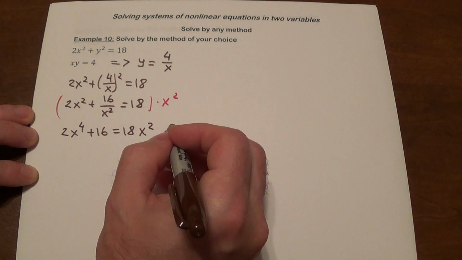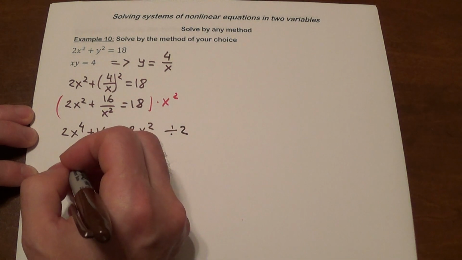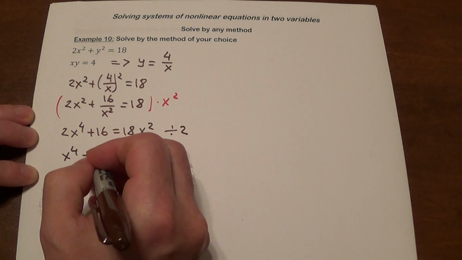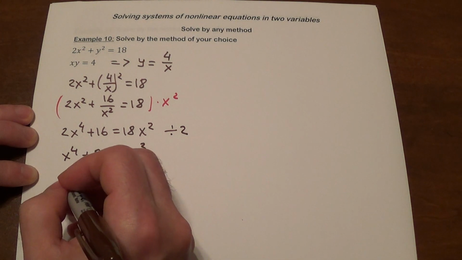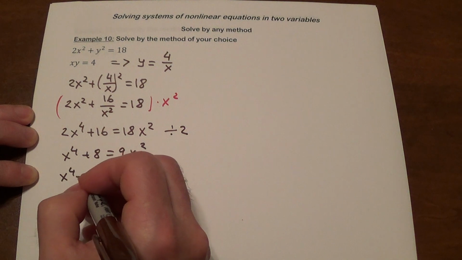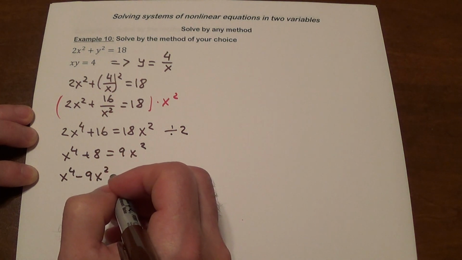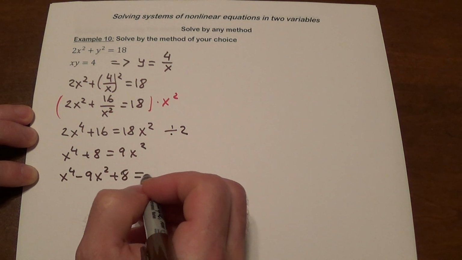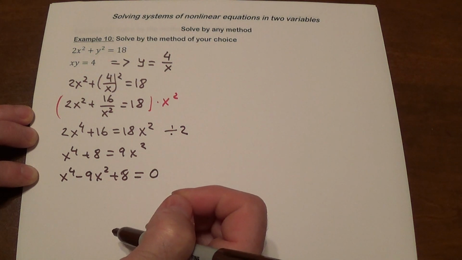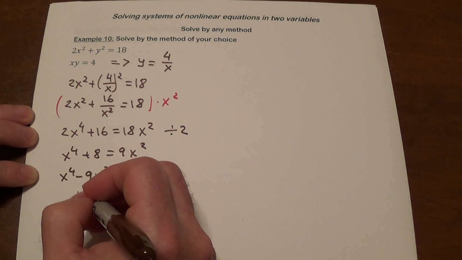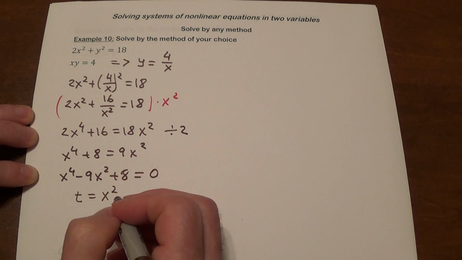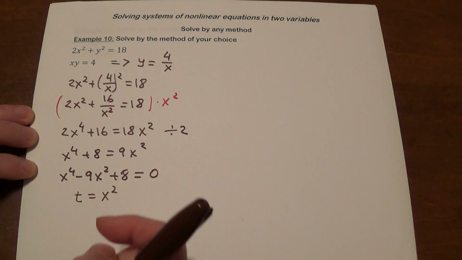I'm going to divide everything by 2. So it's x to the 4th plus 8 equals 9x squared. I'm going to rewrite that in standard form. It's actually what we call a biquadratic equation. And I typically use the same approach whenever I do these types of problems. Let me say that x squared is t.